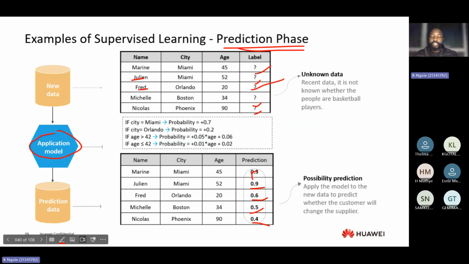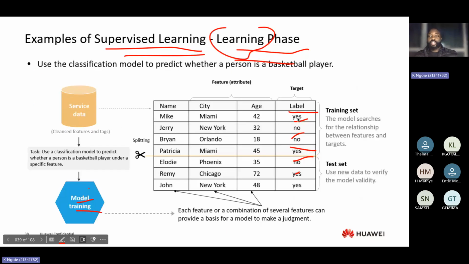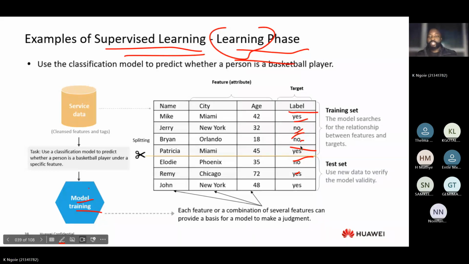So if I have a scenario like this, there's a prediction here. Remember here, guys, we had yes and no. We said it's a classification problem, right? Remember that.